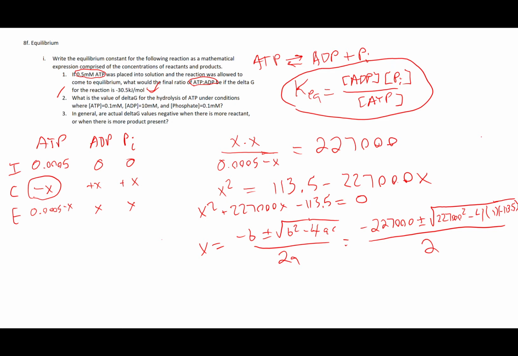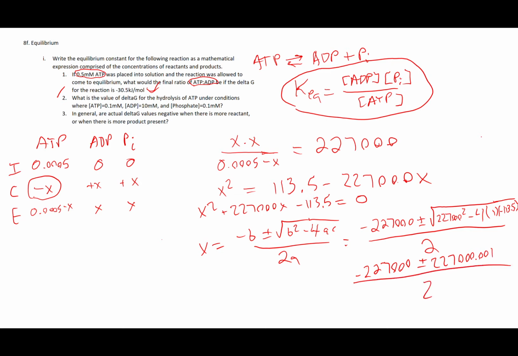All right. So we end up with negative 227,000 plus or minus a number that is very, very close to that, 227,000.001. All right, all over 2.